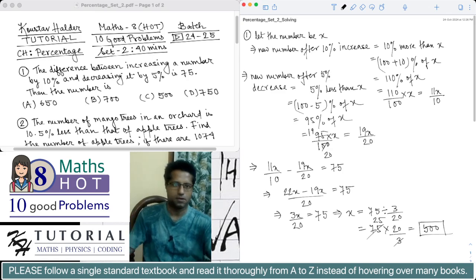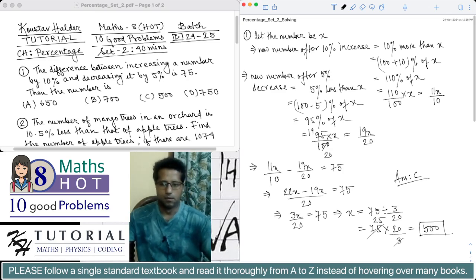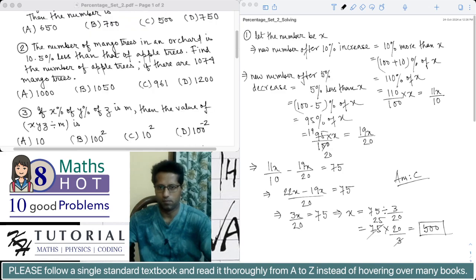So the number is 500, and hence the correct choice is C. Okay, let's do problem number 2.